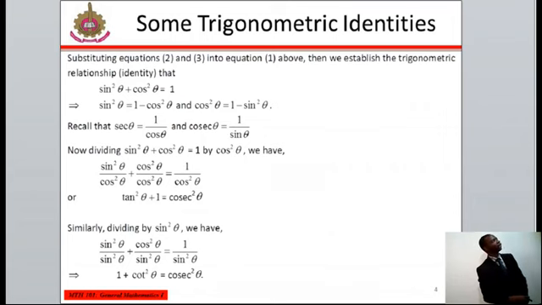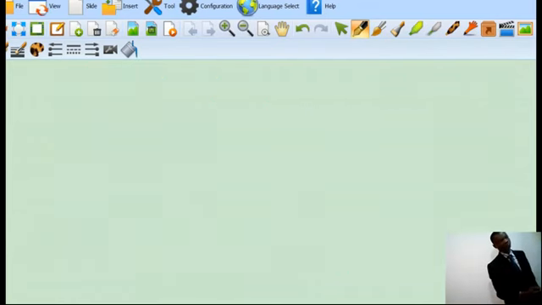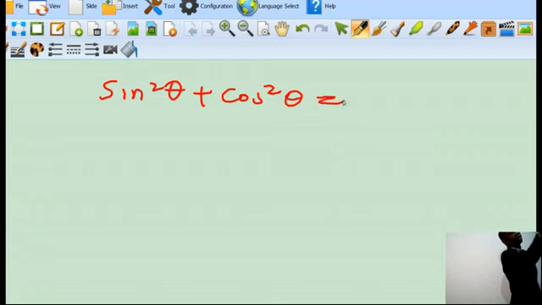We can also derive some other expressions, as we have obtained that sin squared theta plus cos squared theta is equal to 1. We can derive an expression for sin squared theta and cos squared theta by making them the subject of the formula respectively.